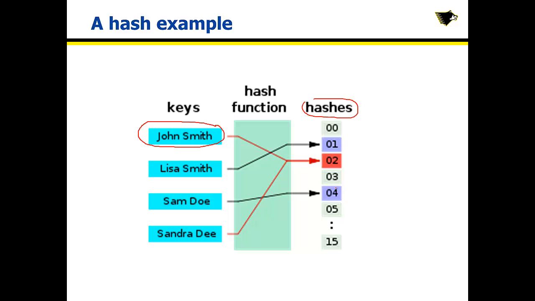Sam Dong, the hash value is 04. Sanjay D, the hash value is 02. So if you pay attention here, the hashes of the corresponding messages have the same length of 2.